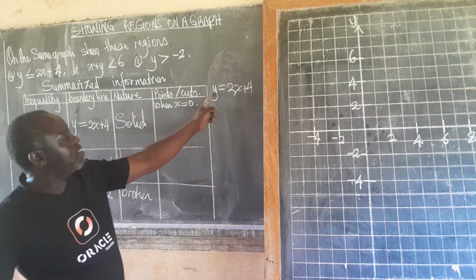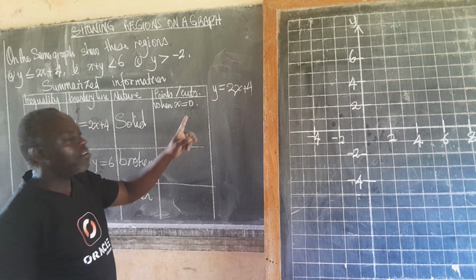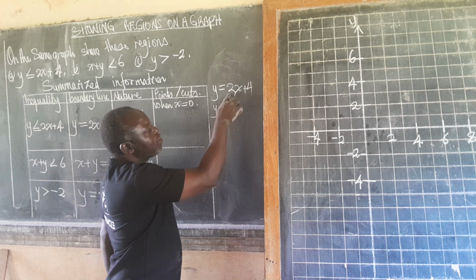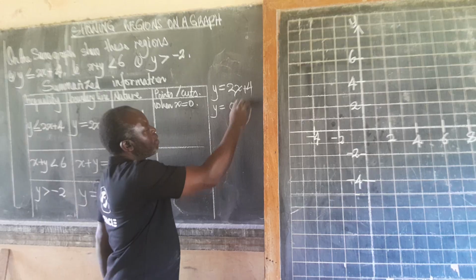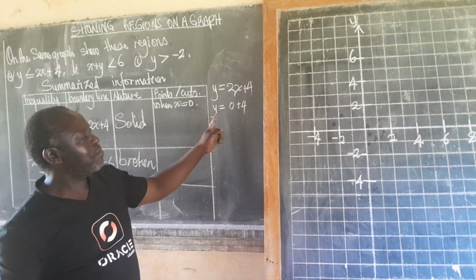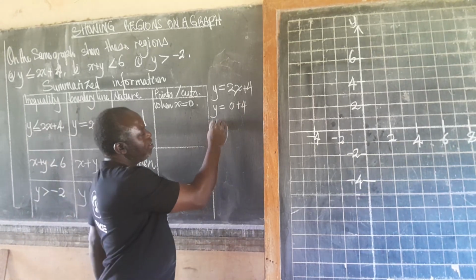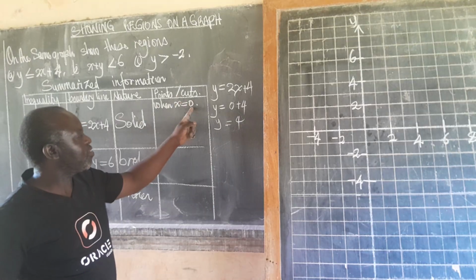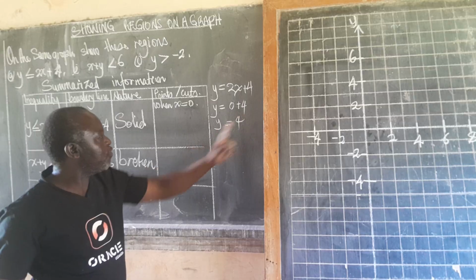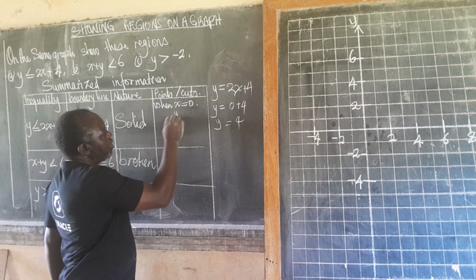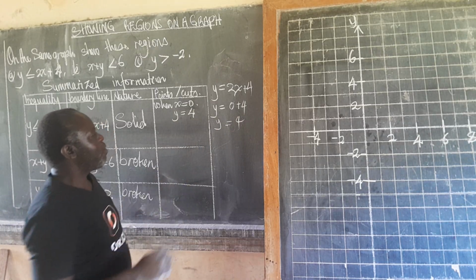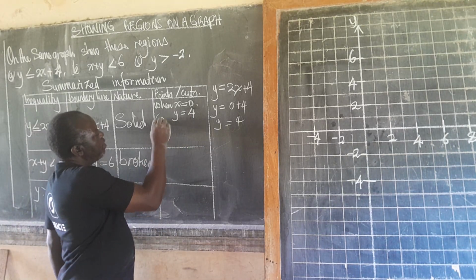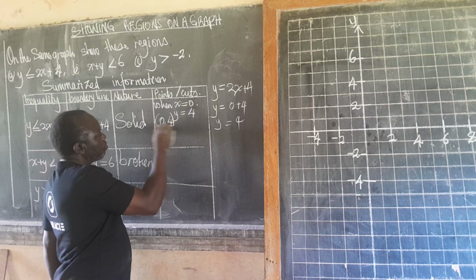So we are going to have y equals 2 times 0, 0 plus 4. Then that means that our y is going to be 4. Now when x equals 0, y equals 4. That is the first cut. The first cut is going to be (0, 4).